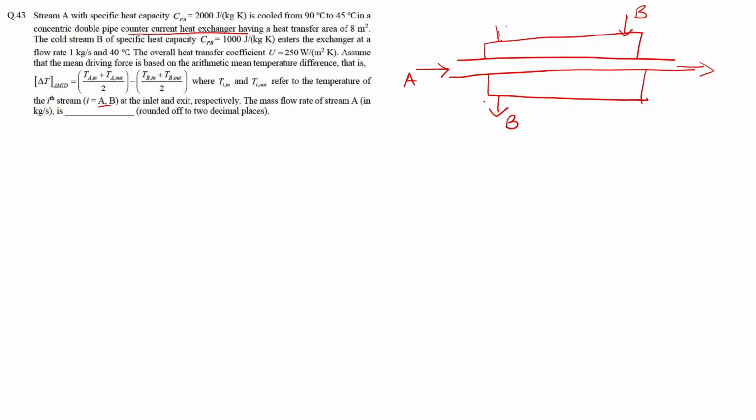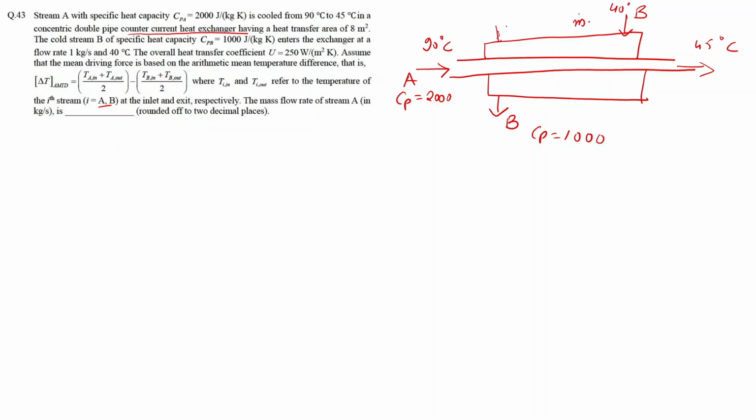And then we have been given Cp of A as 2000, and it is cooled from 90 degrees Celsius to 45 degrees Celsius. Whereas for the cold stream, CPB, we have been given as 1000 joule per kg Kelvin, and it enters at 40 degrees Celsius.